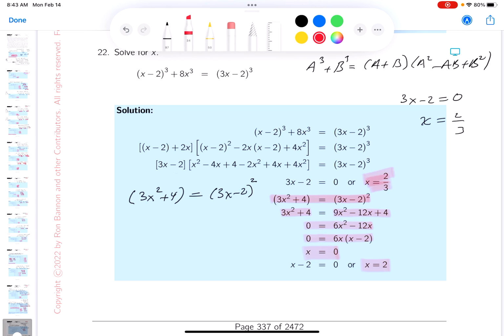So I found 3 solutions to the problem as expected. This is cubic, so I'm expecting to find 3 solutions. Let me write them down again for you. x equals 2/3, the other one is x equals 0, and the other one is x equals 2. And that's about it. Again, we walked our way through it. I'm not saying that's the only way to go about that problem.